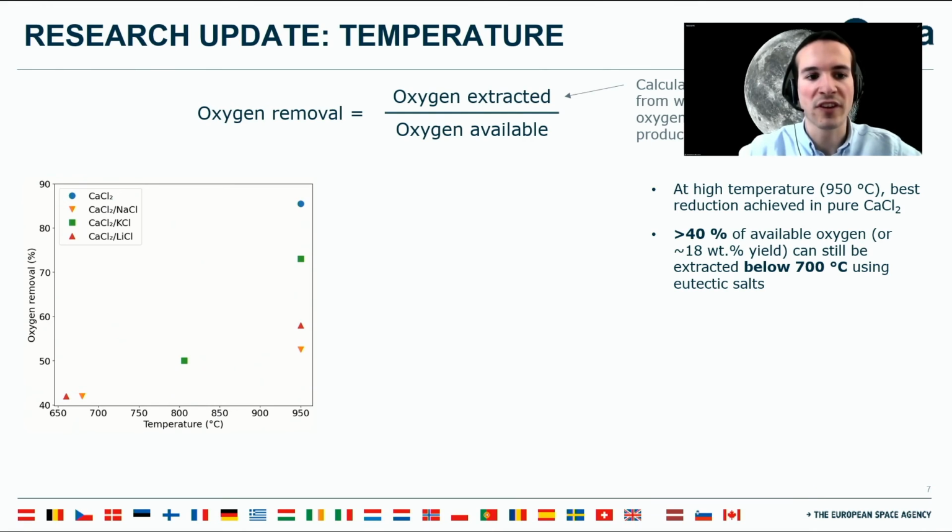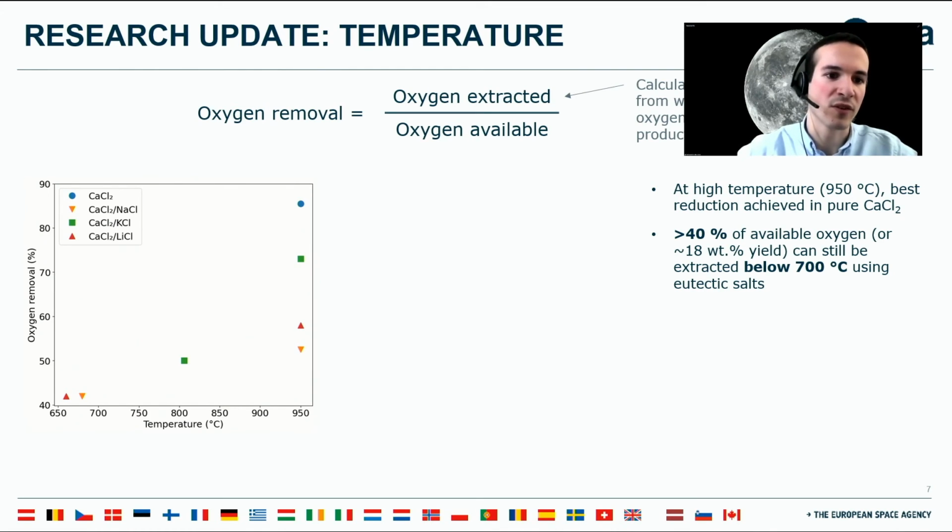What's also interesting here is that if you look at the comparison at 950, actually the eutectic melts do not perform as well as the calcium chloride. Mainly because you can maybe have side reactions at this temperature. Since you have two salts, maybe you also have parasitic reactions.